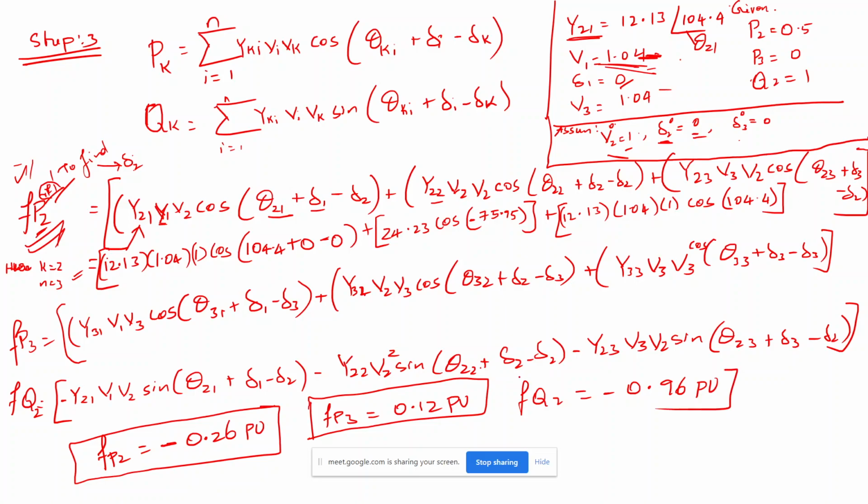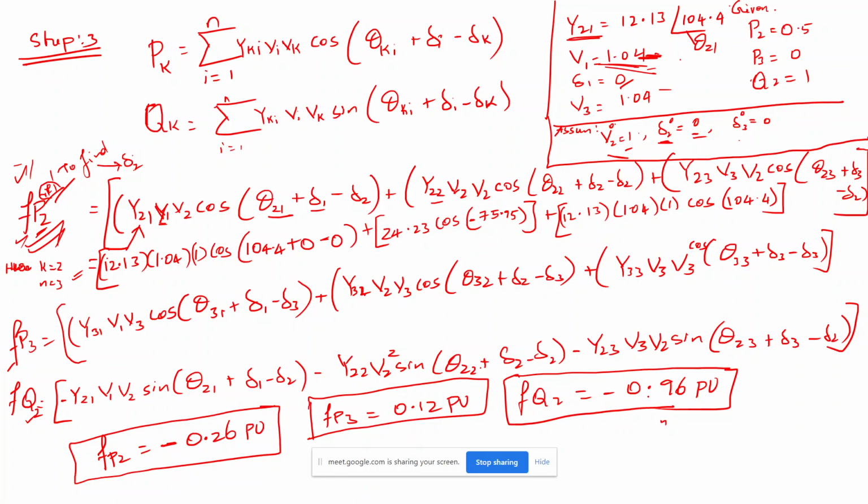Even I have solved applying every step, so you will get these three values. Solve this and in the next class tell me what values you got for FP2, FP3 and FQ2. If you got these, then you have your first iteration value.